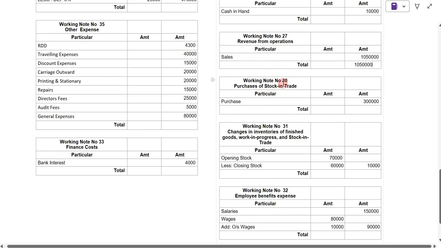Okay. Now close the purchase of stock, 3 lakhs. Then remaining is 10,000.